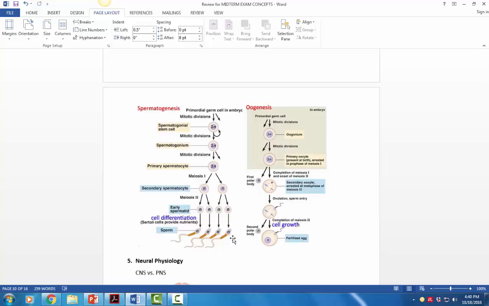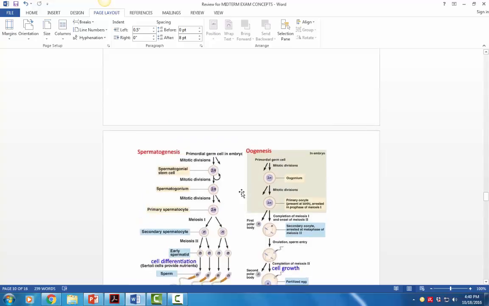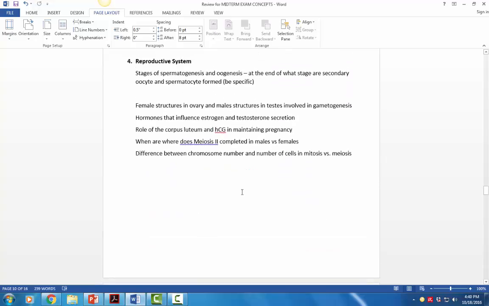Now we can talk about other structures. Remember the structures in the ovary, specifically the corpus luteum, is the remaining follicle cells that remain in the ovary, and they secrete progesterone. And remember, in the male, the structures in the testes, we have the seminiferous tubules, and the epididymis.